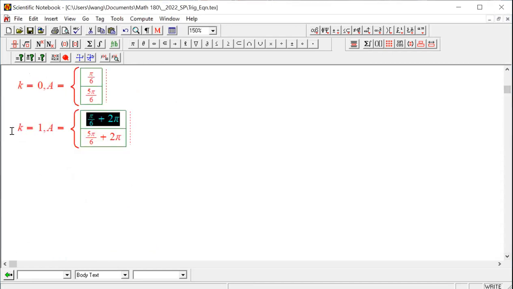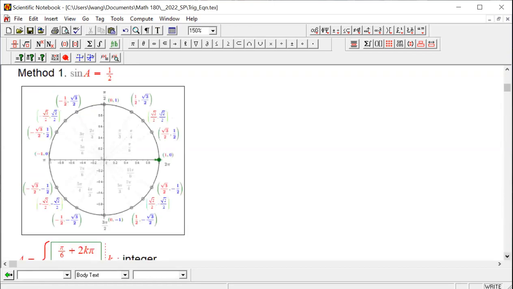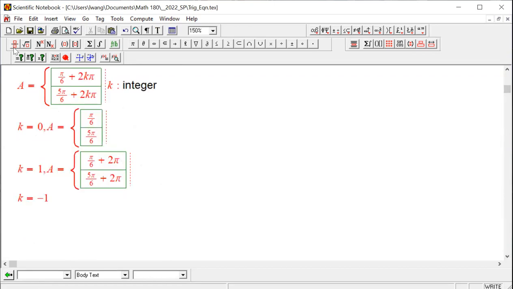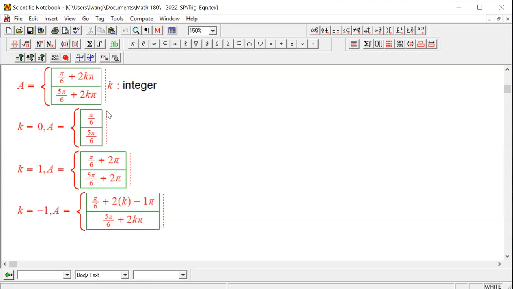Let's just try one more. What if k is negative 1? If k is negative 1, what does that equal to?